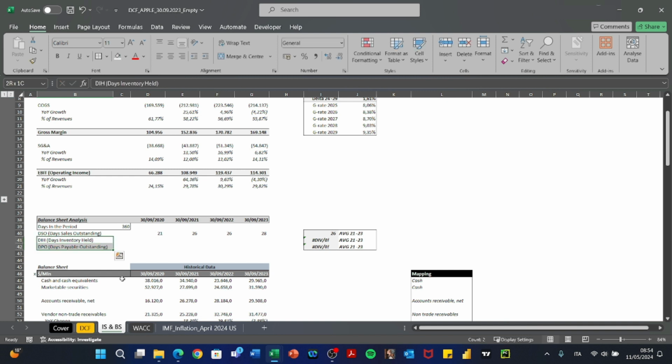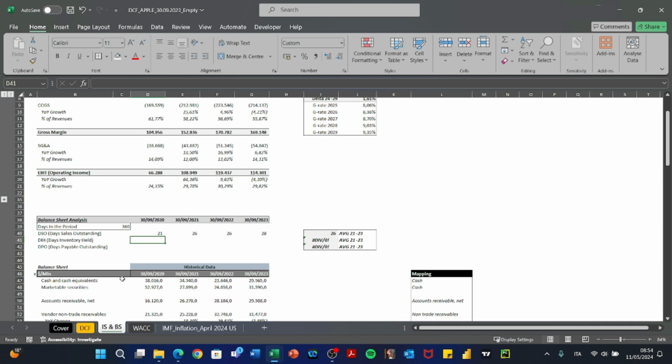Basically, the days inventory held means how many days I keep my inventory in my storage before selling it. And the DPO basically indicates how many days there are between when I record the account payable on my balance sheet and when I pay my supplier.